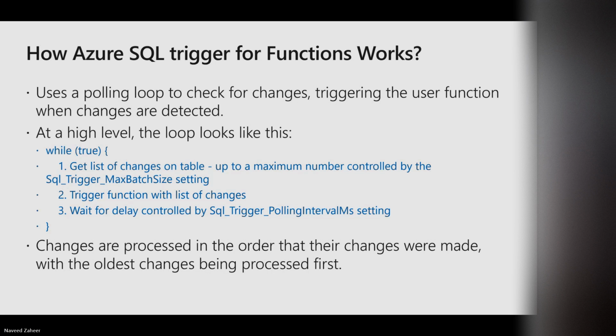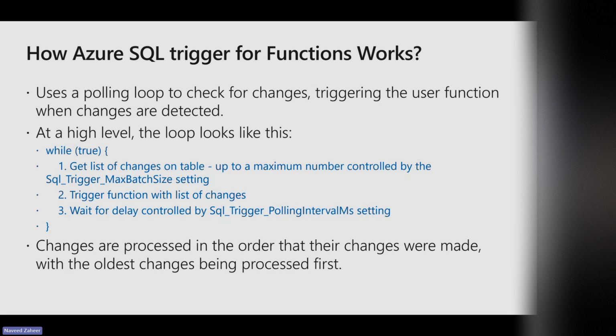If there are any changes, it calls the trigger function. Then it waits for the delay, and that delay is also configurable. The default is, I think, 1000 milliseconds. Then it will again run in that loop.